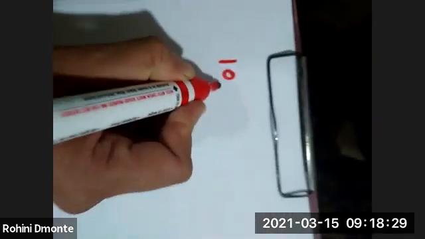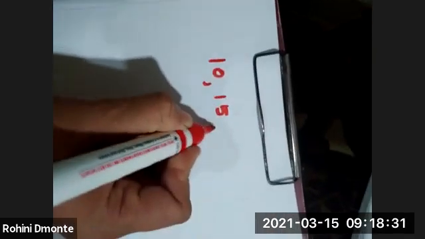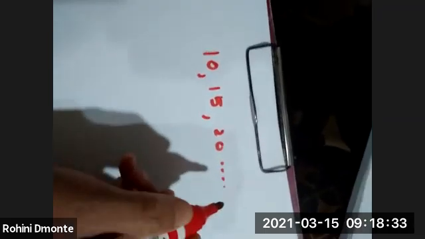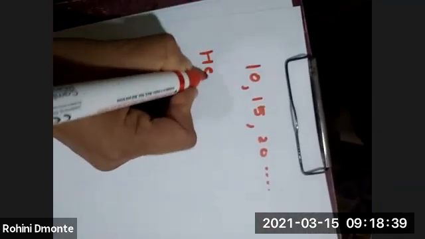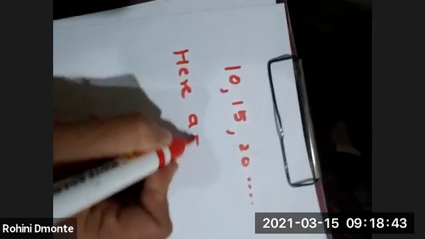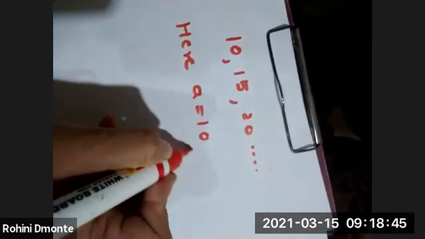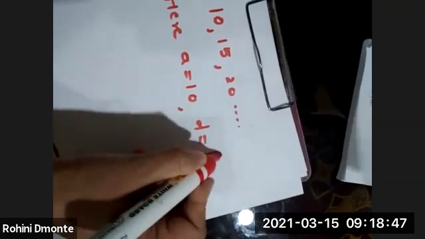This sequence is given. It is an AP. See here what you have to do. A is equal to 10. D you have to find.